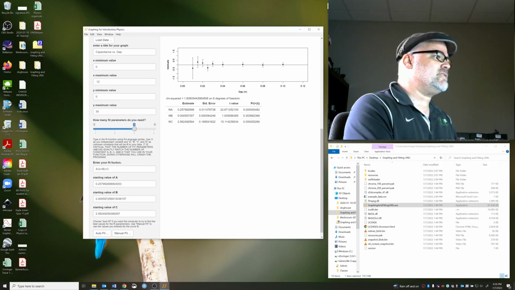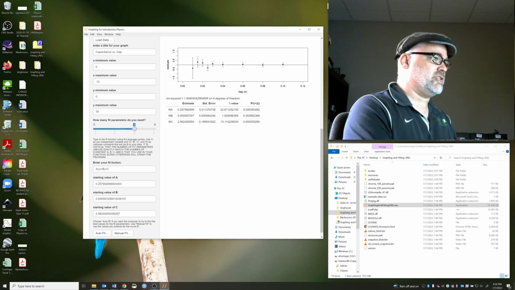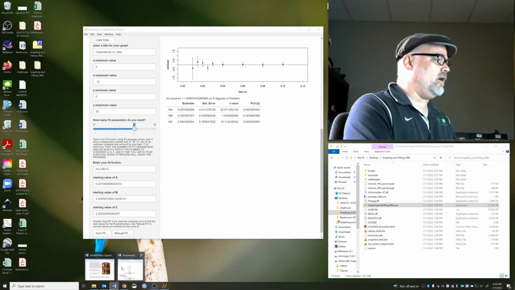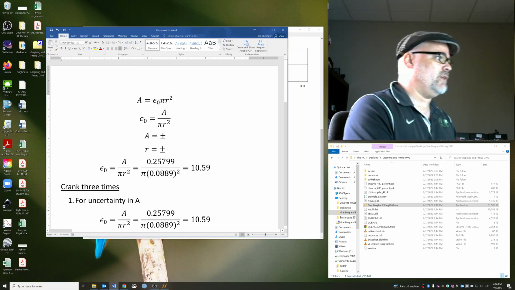The last piece of data we have is actually the most interesting. It is the fit parameter A and its uncertainty, 0.0114, we'll call that. And I wanted to talk about that a little bit, what I do with that with my students.